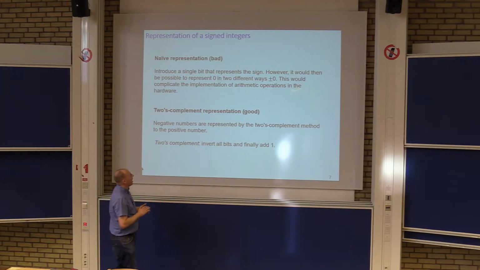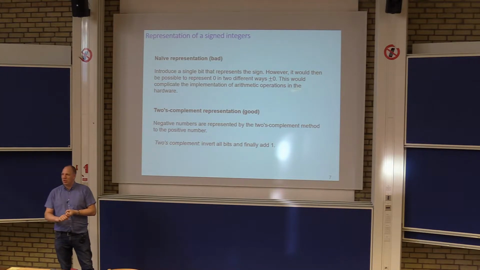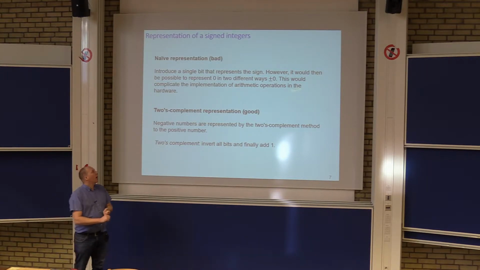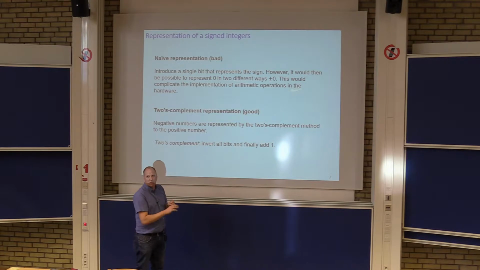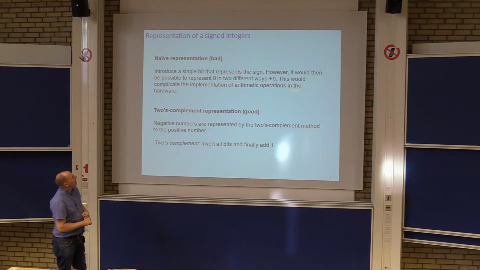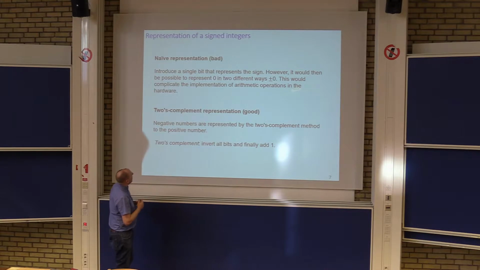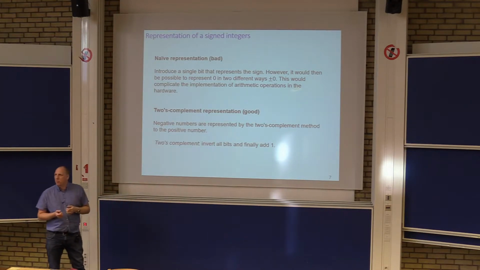But the drawback with that is that there would be 2 ways to represent the number 0, which would complicate the implementation of the arithmetic operations in the hardware. So what is typically done is that you use the 2 complement method instead.